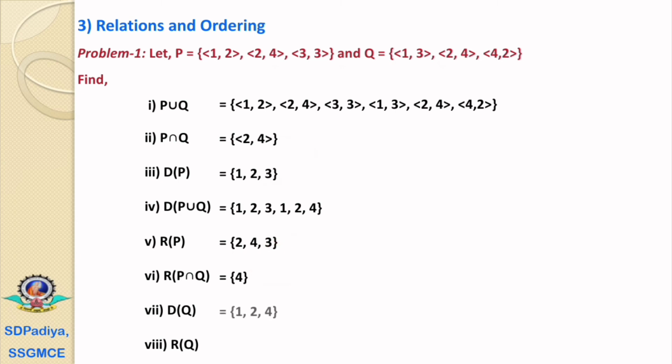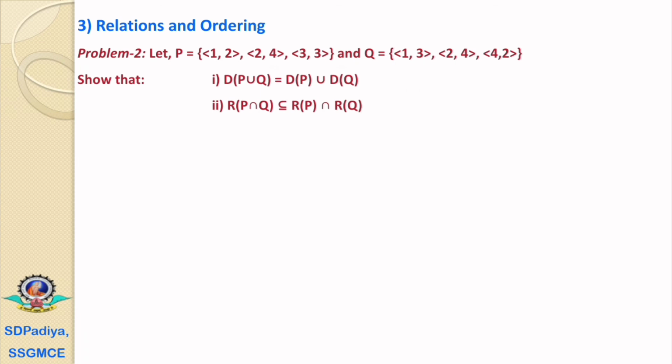Next, the domain of Q. The domain means the first elements of the set Q. It will be 1, 2, 4. That's why it is the set {1, 2, 4}. And the last is the range of the set Q, that is the second element of every ordered pair of the set Q. That is, it will be the set {3, 4, 2}. That's all.